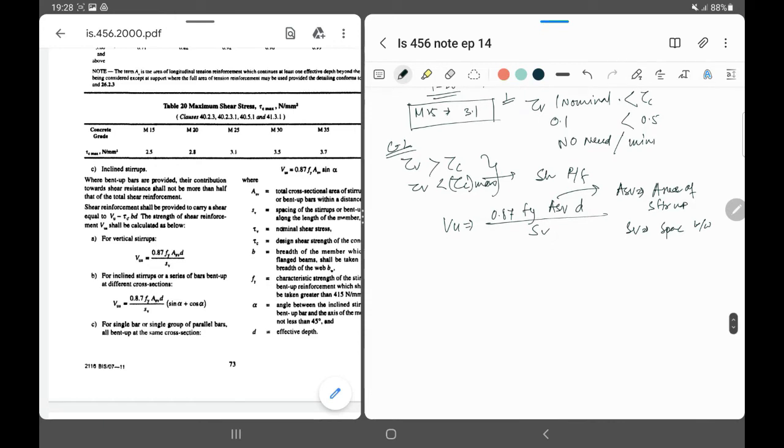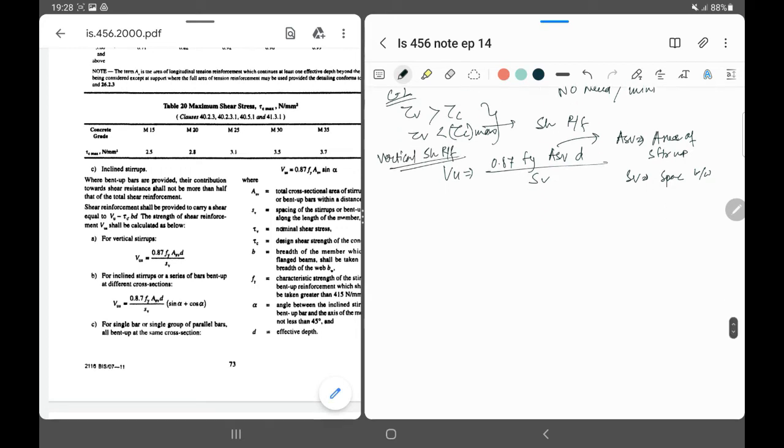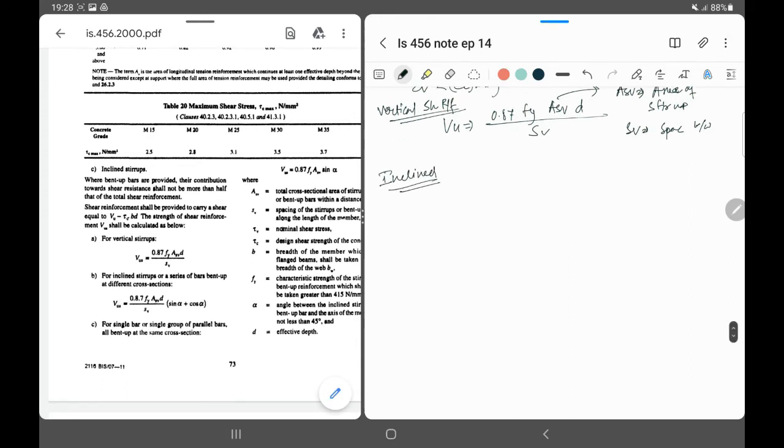But this is for vertical shear reinforcement. What happens if inclined stirrup? For inclined stirrup, you have to use Vu equal to the same 0.87 Fy Asv d by Sv, times sin alpha plus cos alpha.